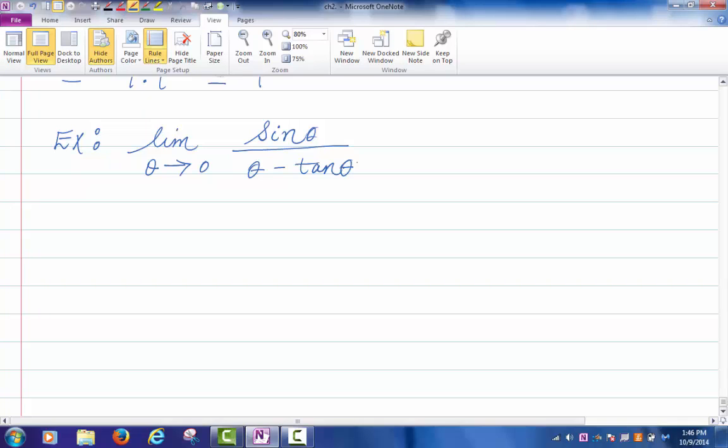How would I compute the limit in this case? Again, let me give you the hint. The hint is we're going to have to use that limit number 1. The limit of sine theta over theta is 1. So how do I use that here? What can I do here so that I can use the limit of sine theta over theta?